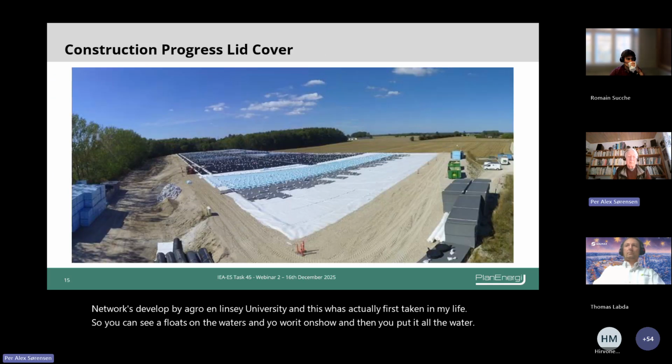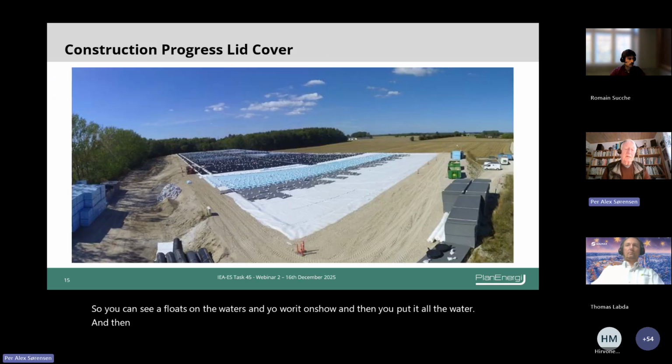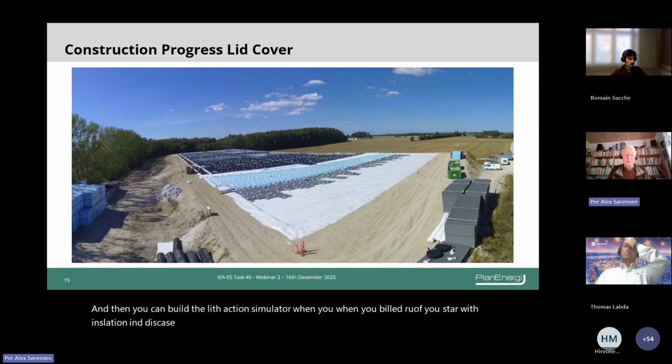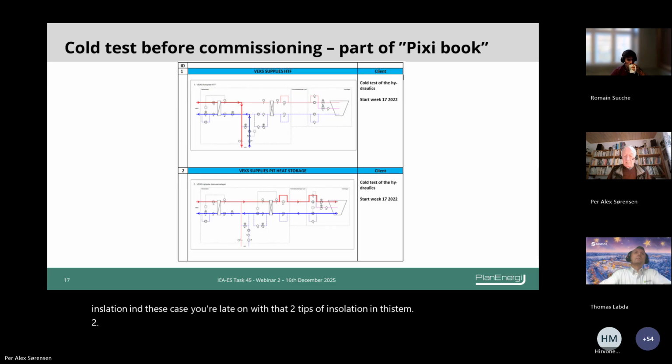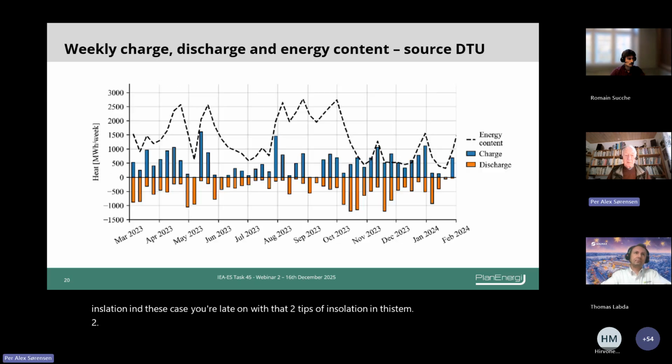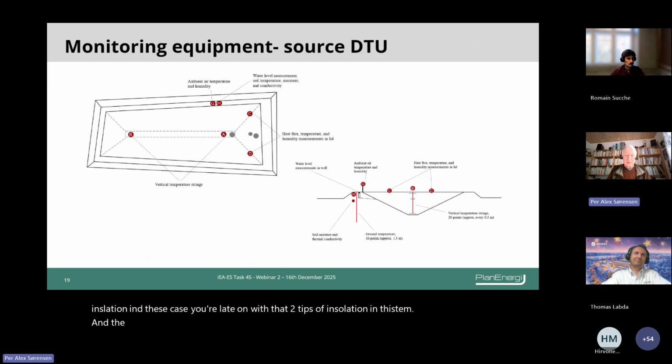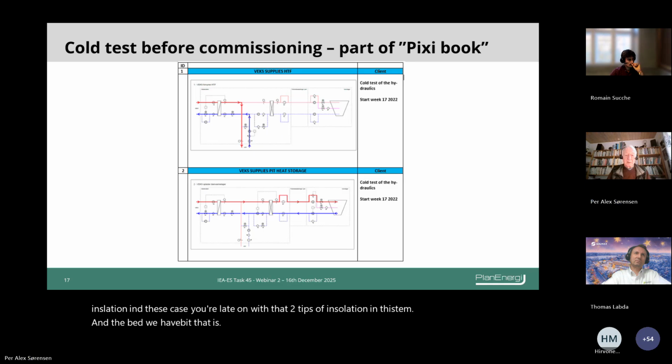And then you can build the lid actually similar to when you build a roof. So you start with insulation. In this case, you can see it later on, but there's two types of insulation in the system.